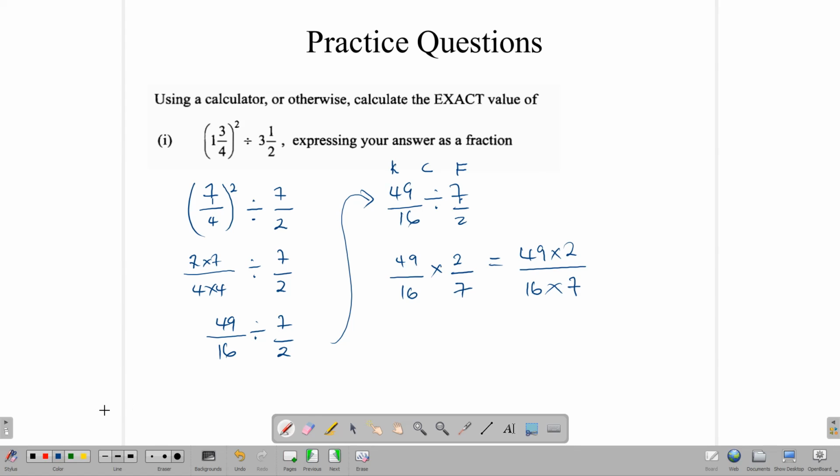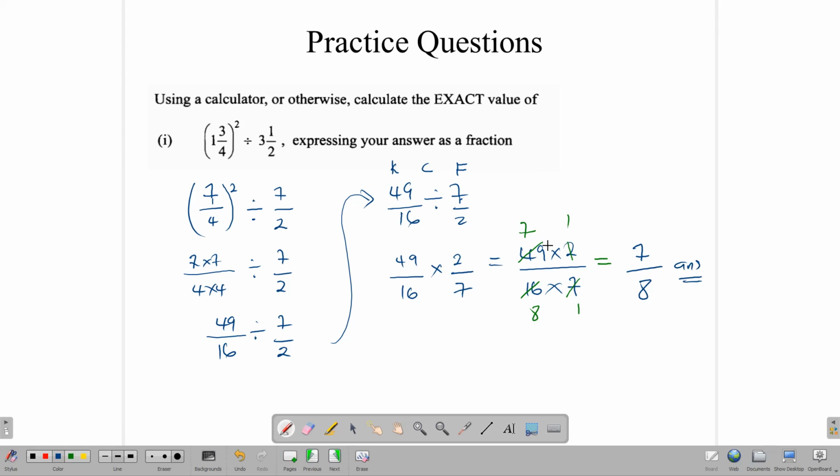Now we can do a little bit of division here. So let us divide it out. We can divide 7 by itself, and 7 into 49 goes 7. And we can also divide 2 and 16. 2 into itself, 1, and 2 into 16 goes 8 times. And so we're left with a smaller answer. And our answer is 7 times 1 is 7 over 8 times 1, which is 8.